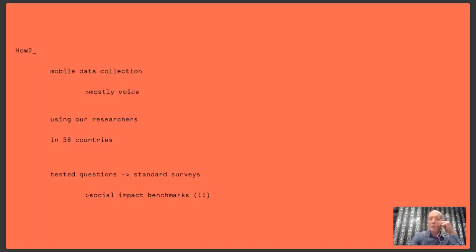And this is a really important thing that is most often overlooked in our space, which is to get good, reliable, consistent data, you need good, reliable, and consistent questions. And we have spent a huge amount of time testing and developing and refining questions until we get to a point where we have standard questions for all of the sectors in which we're gathering data.